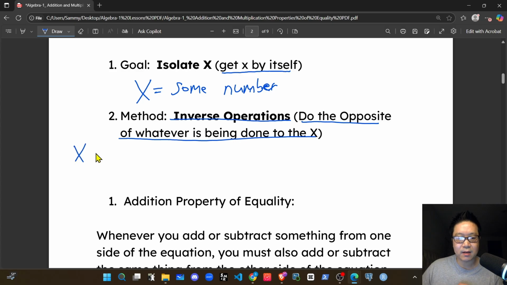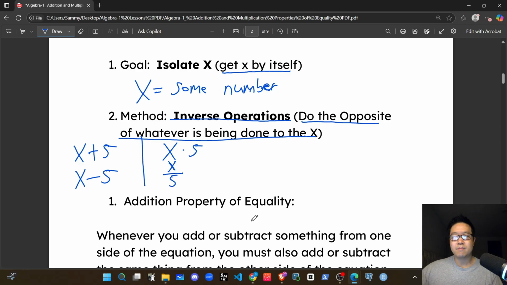So if we're adding something like 5 to x, the inverse operation of that, the opposite of that, would be subtracting 5 from x. If we instead were multiplying x by 5, the opposite of that, in other words, the inverse operation of this, would be x divided by 5.